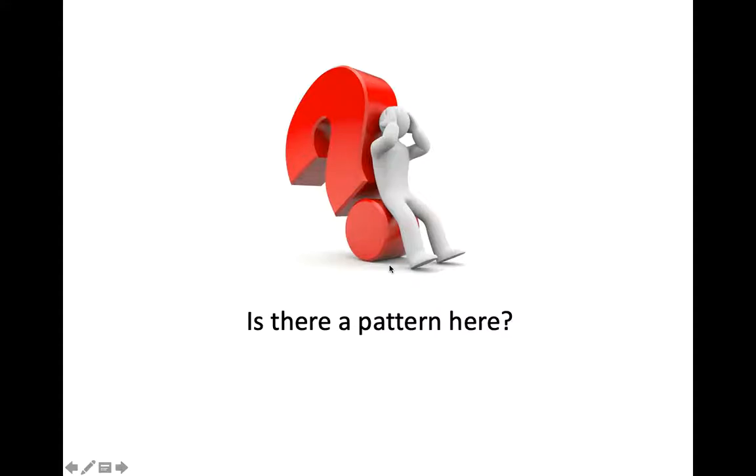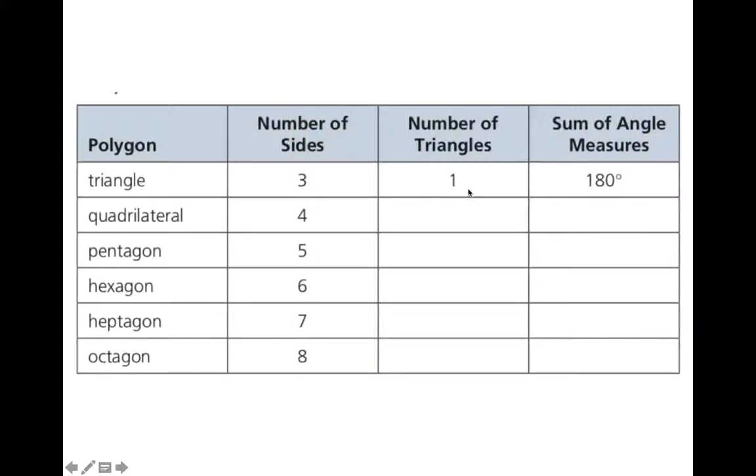And so the pattern that we're starting to see looks a little bit like this. The number of triangles inside a triangle is 1, which is 180. The number of triangles inside a quadrilateral is 2, which is 2 times 180. Then we played with these in class, and we drew a pentagon, and we drew a hexagon, and we realized that this pattern was emerging, that the number of triangles was always 2 smaller than the number of sides.